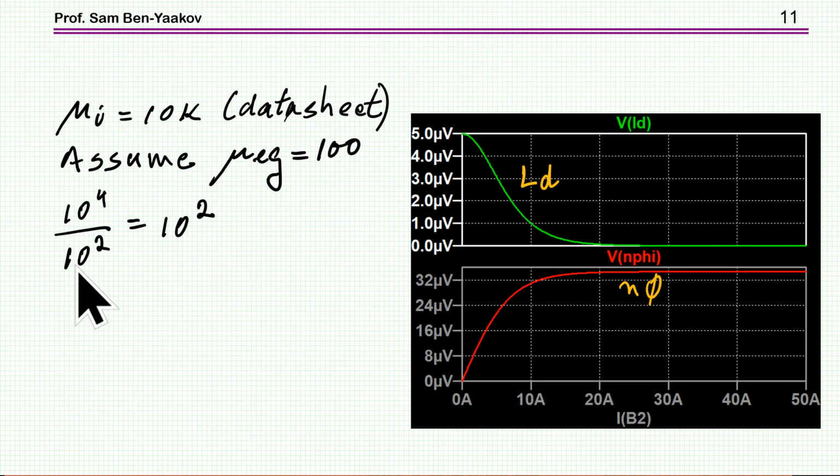And as an example, if we are considering the initial permeability, which was 10,000, and then if we assume a permeability for the gapped core of 100, the ratio is 100, and by plugging it into the equation for the tangent hyperbolic, running it, here is what I am getting.